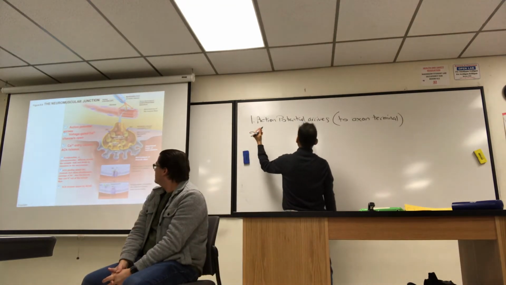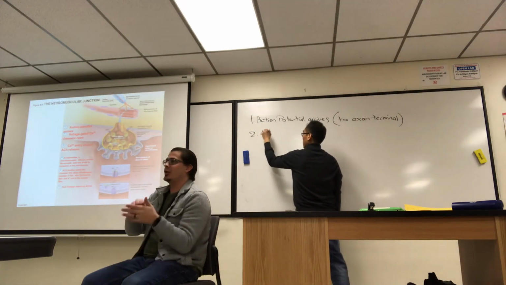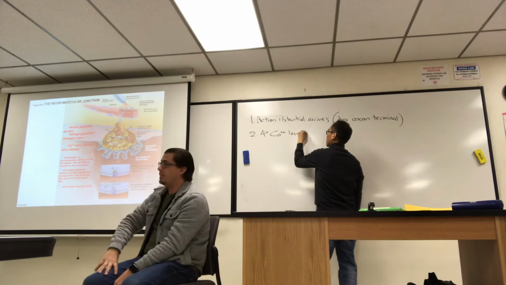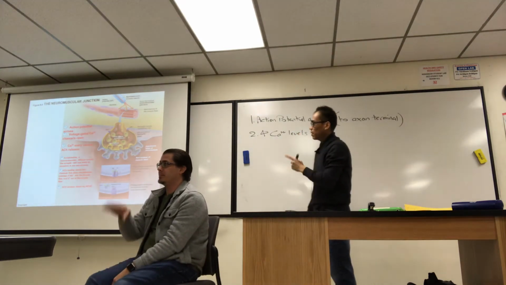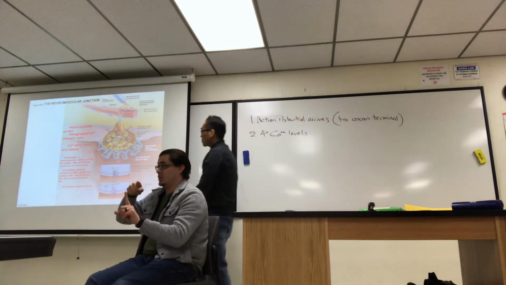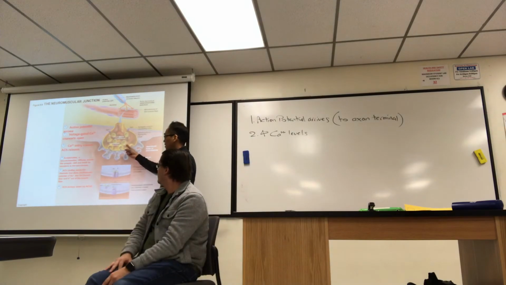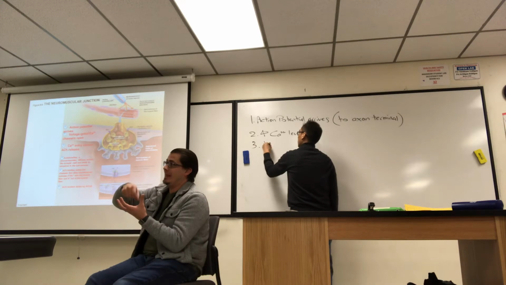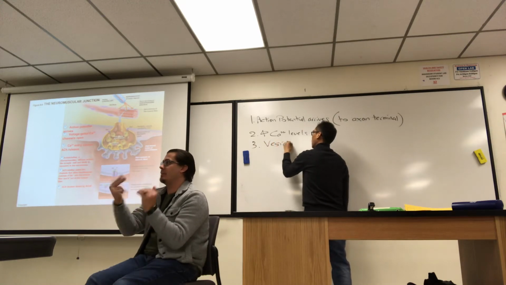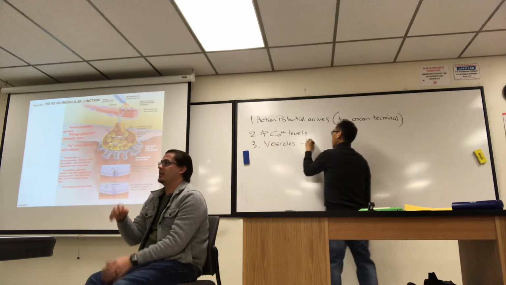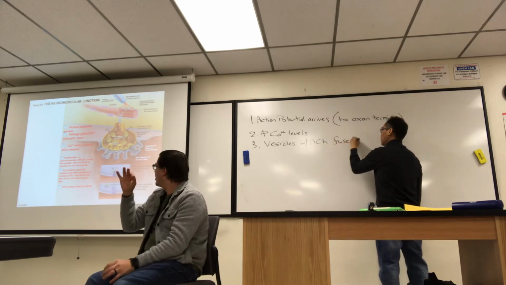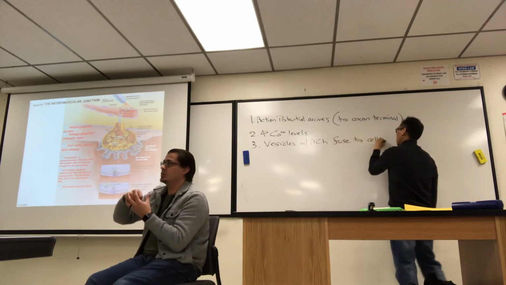So I'll just put: action potential arrives, you increase calcium levels. That is the signal to get the ACH released, step 3. Vesicles with ACH will then fuse to the cell membrane.